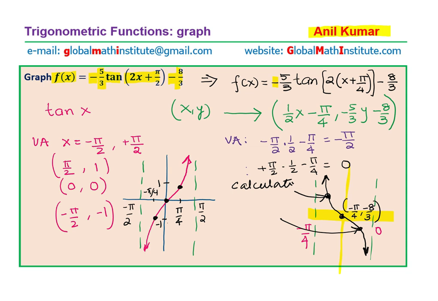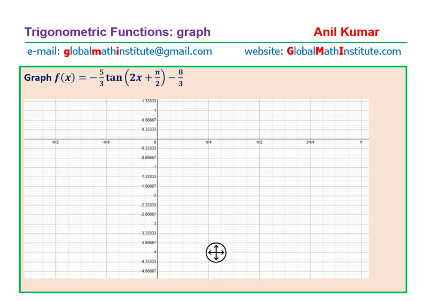Makes sense? Now, next thing which we are going to figure out is how do we find the scale on the graph? That is another very key part. Since we have a vertical stretch by 5 by 3 and a translation of 8 by 3, that means our vertical scale should be divided into 1/3. So let's look into that part now. So here, what I've done is that we have one unit here, right?